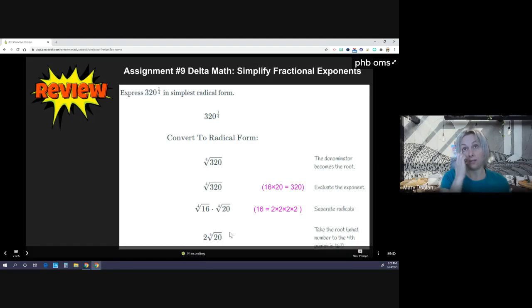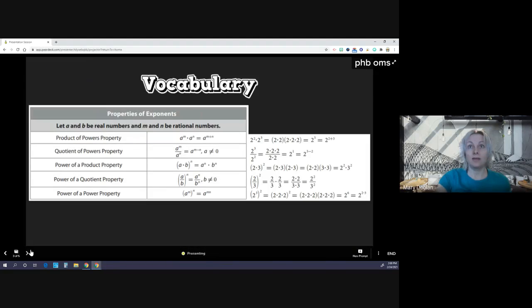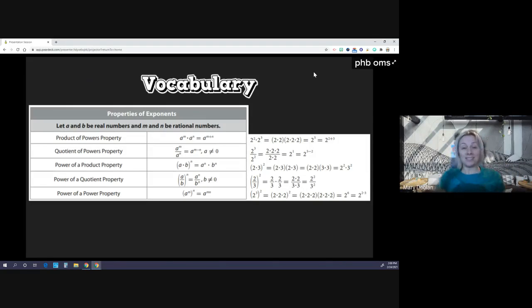All right, and so we're going to keep working with exponents and radicals. Now, this is under vocabulary because these are the properties of exponents that ideally you learned in 8th grade, but realistically, you probably didn't.